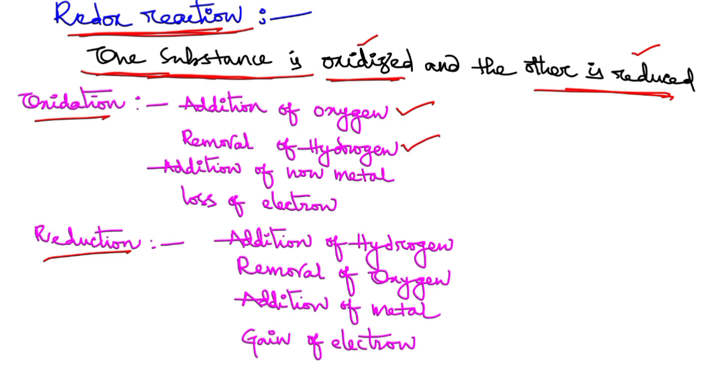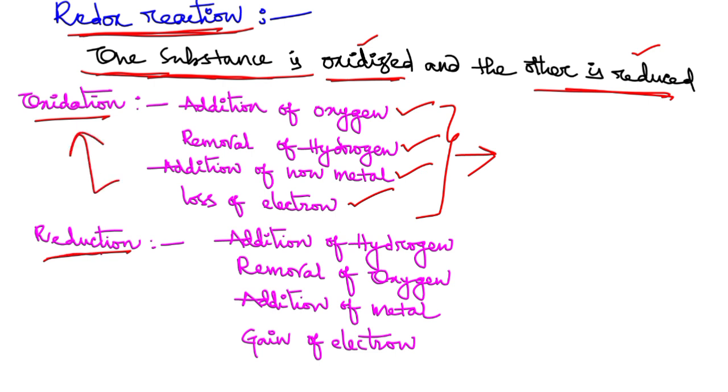Addition of a non-metal is also called oxidation, and loss of electron is also called oxidation. If any of these four happens, we can say that the substance is oxidized.